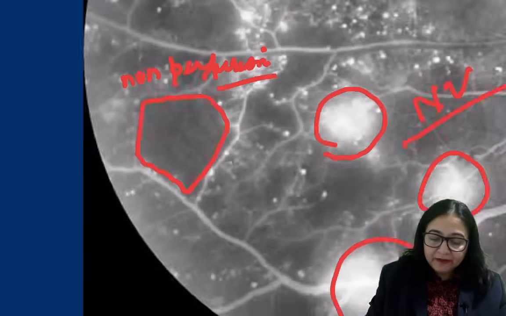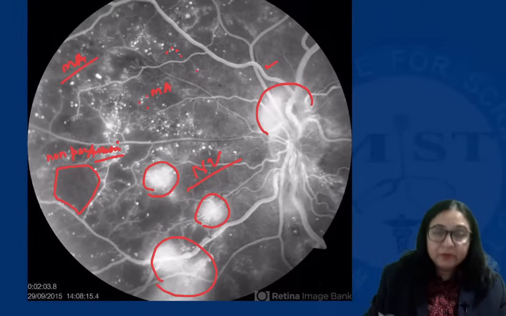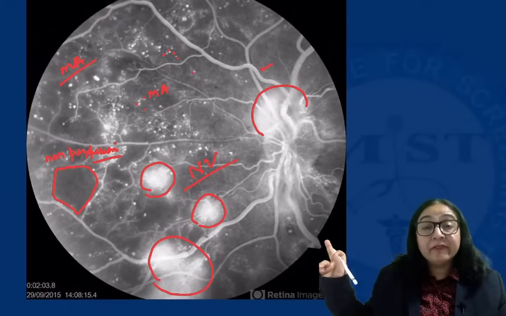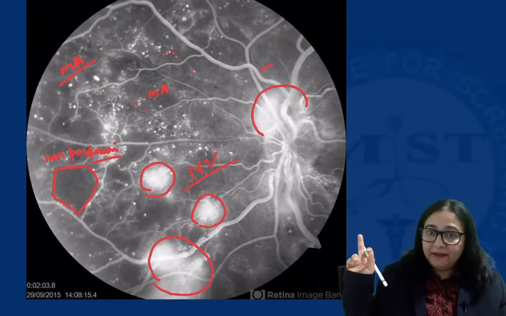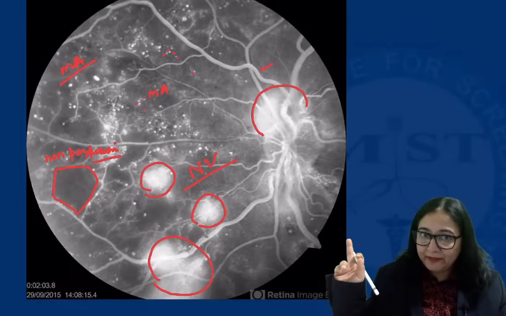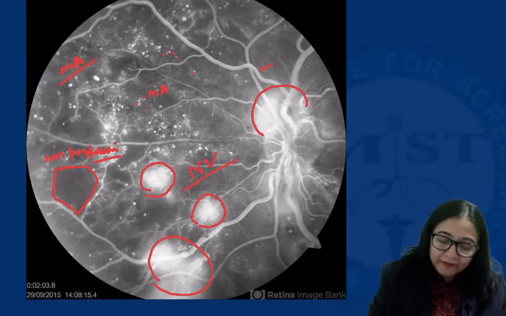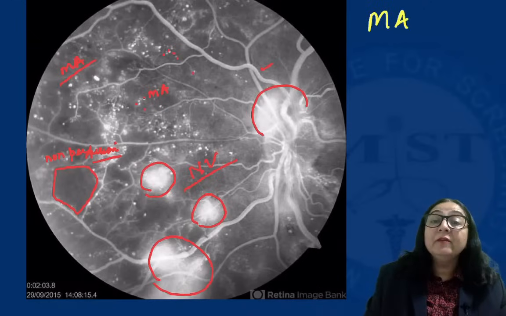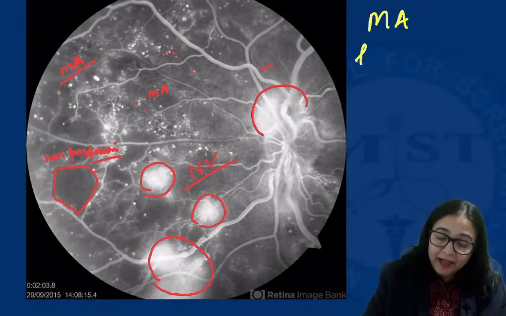Okay, so this covers all the findings which you see on FFA in a diabetic patient in cases of diabetic retinopathy. Let me summarize that for you, beta. You are able to see microaneurysms which appear as hyperfluorescent dots.